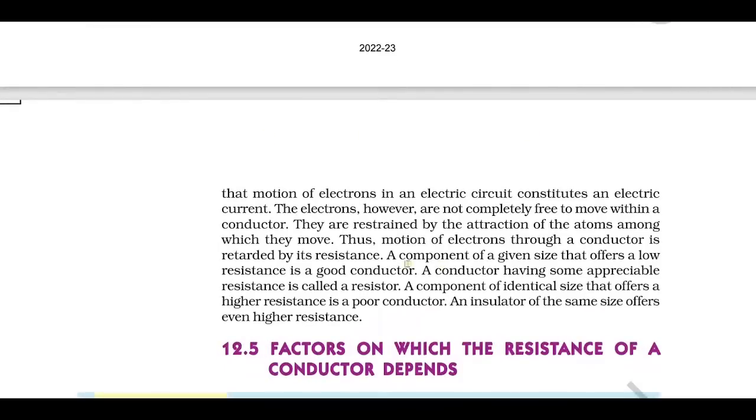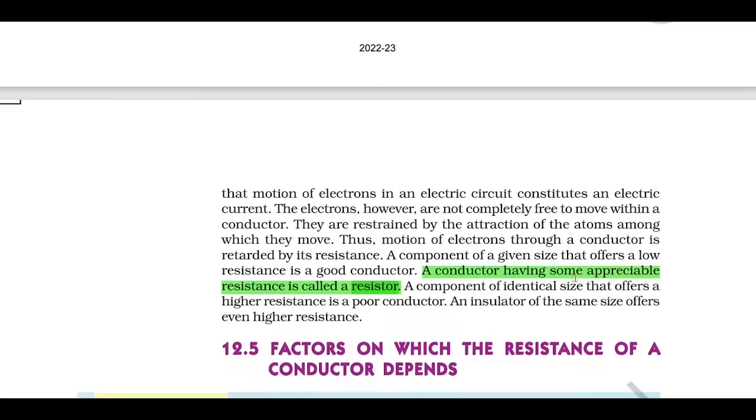So you have a definition of resistor. Resistance is different from resistor. Resistor offers resistance. You can expect a 1 mark or 2 mark question: write the difference between resistance and resistor. Resistance is the property of the conductor. Resistor is a device.